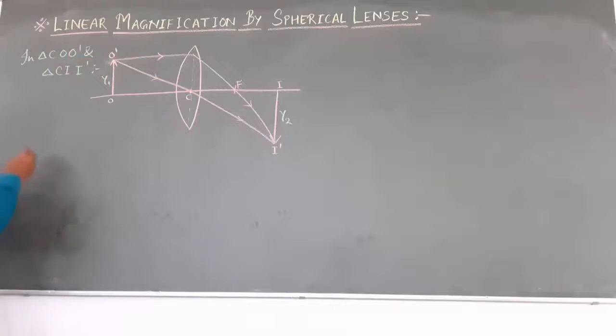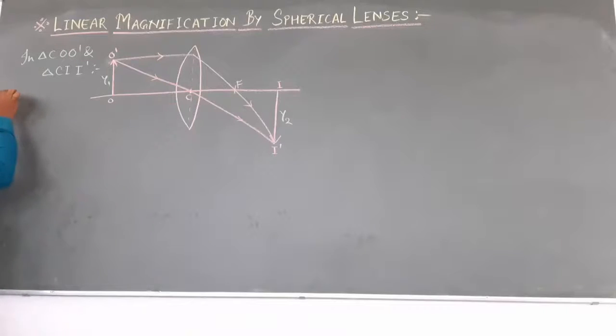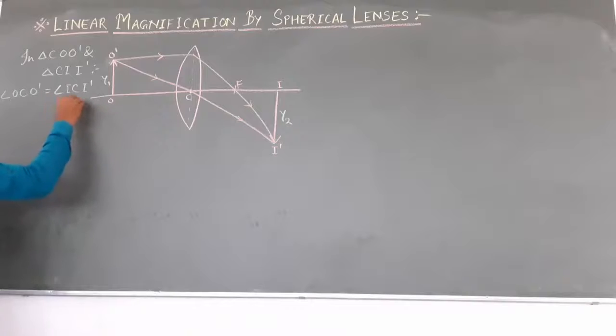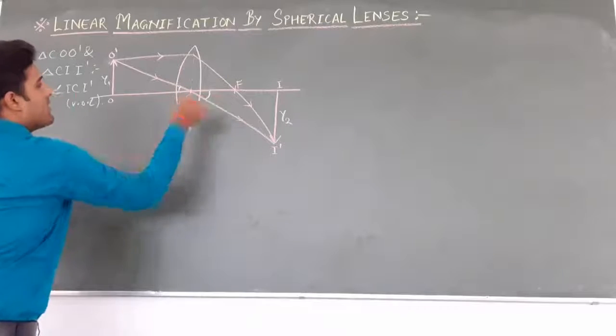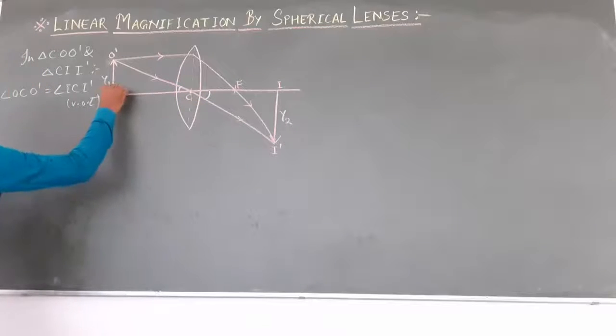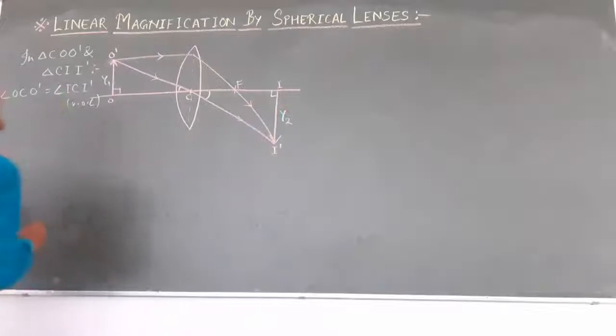In these triangles, you can see that angle OCO dash is equal to angle ICI dash. Which angle? Vertically opposite angles, so both angles will be equal. Another, since the objects are kept perpendicular to the principal axis, both angles are 90 degrees.